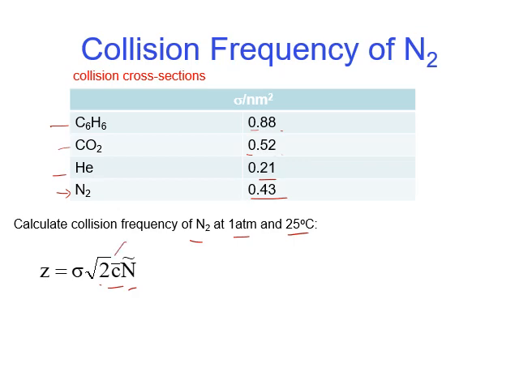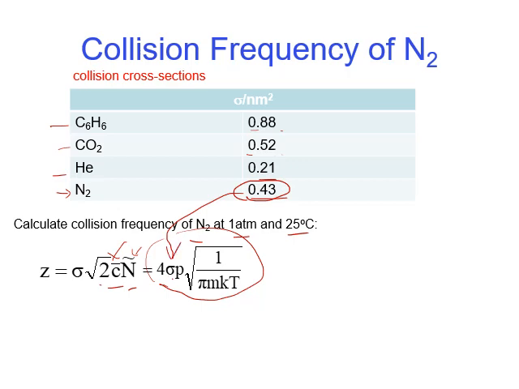Now we plug in the equation for average speed and the density as we did in the last slides, and here is the equation: 4 times cross-section area, which we choose from this table, and the pressure is 1 atmosphere. And now here you have the mass of one molecule and the Boltzmann constant. More conveniently, we can use molar mass.